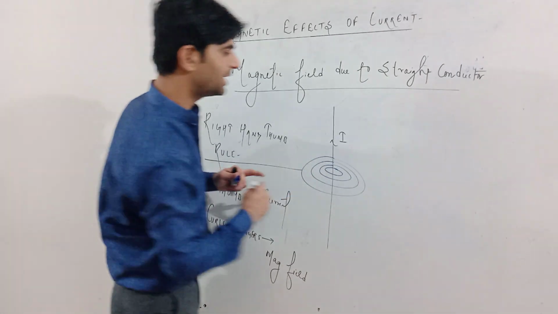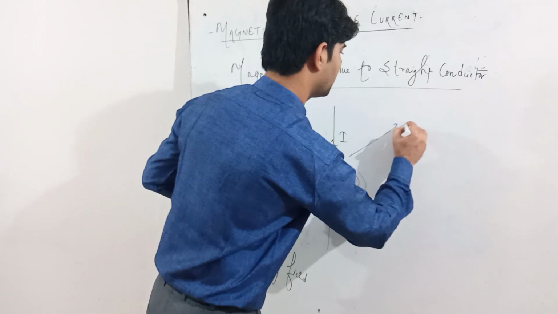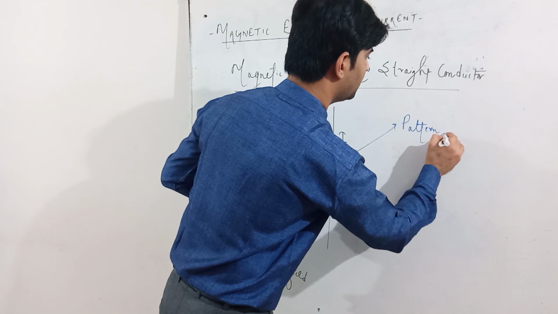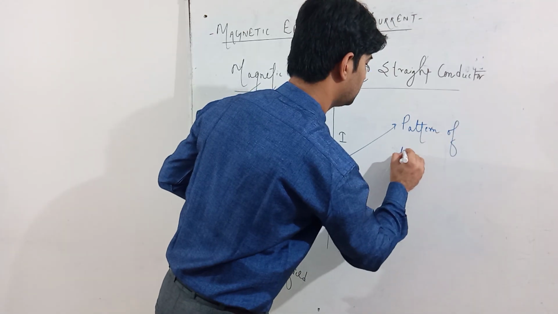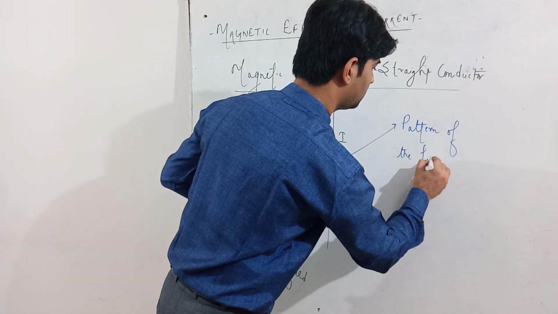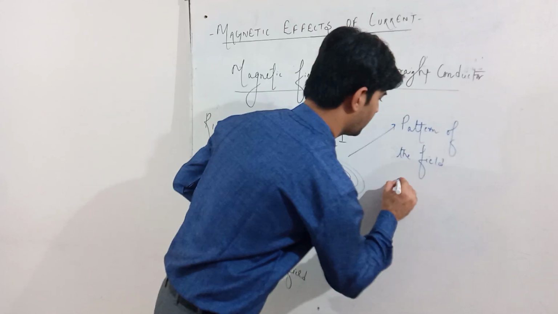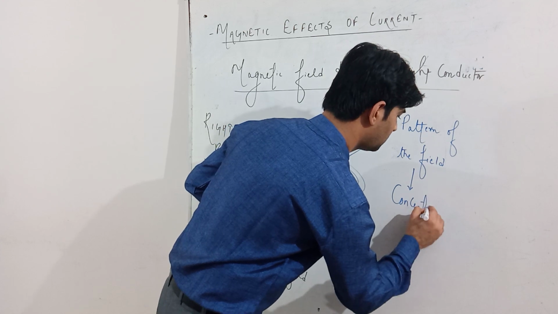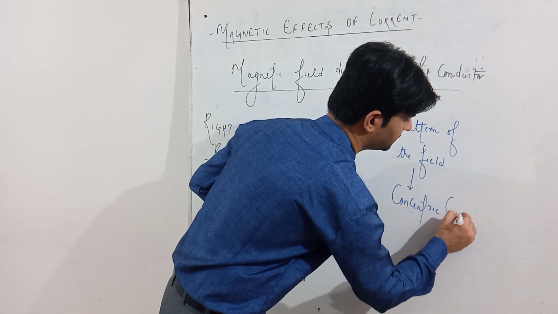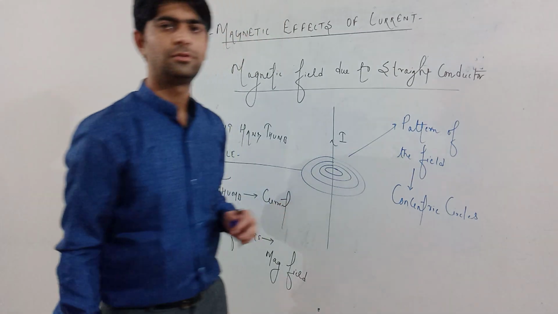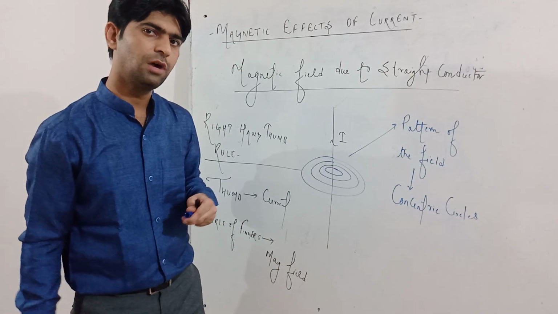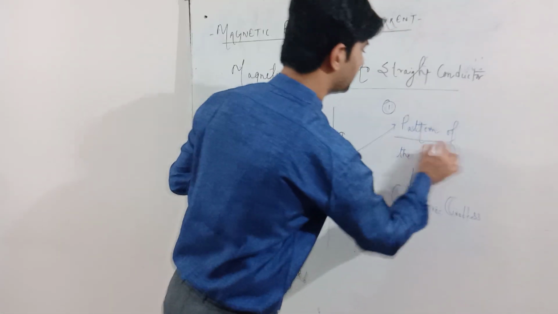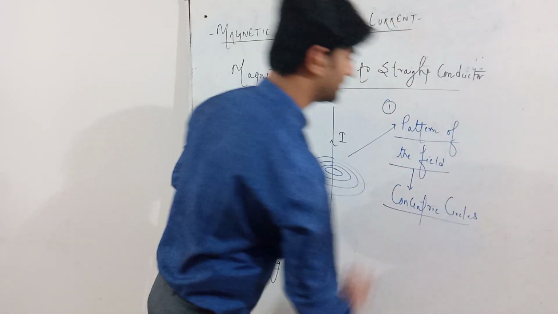The pattern of the magnetic field will be concentric circles. So this is the first point that we said: the pattern of the field will be concentric circles.